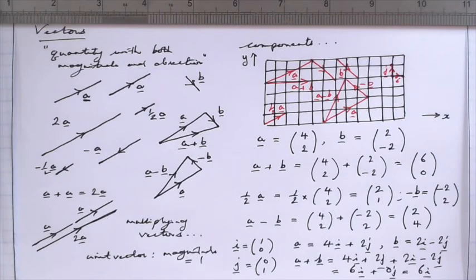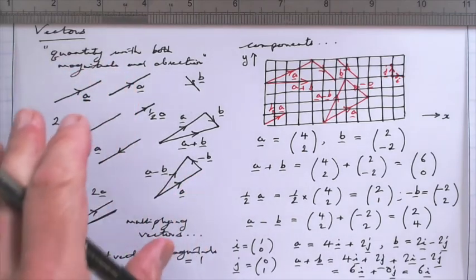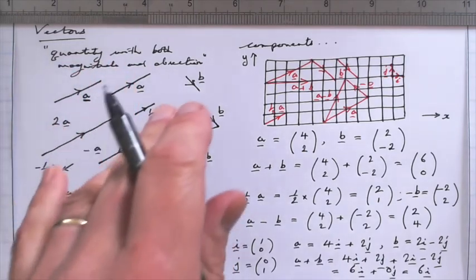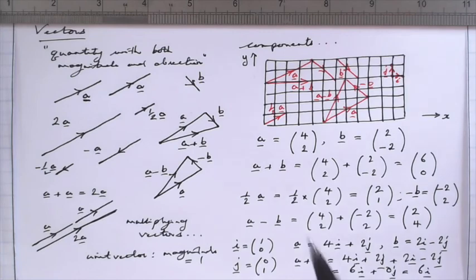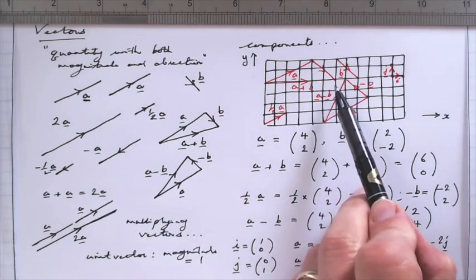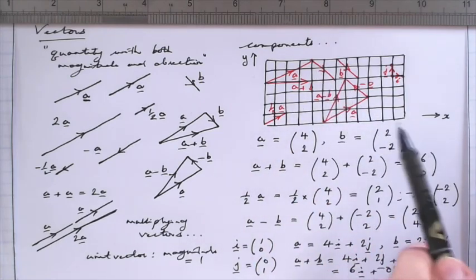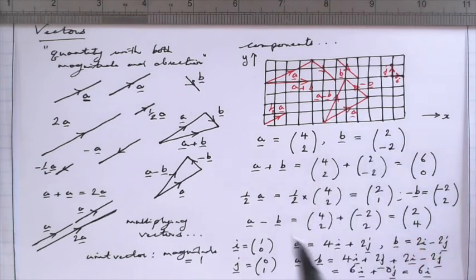So I hope this has been a helpful sort of first look at vectors. We've sort of defined them, we've talked about multiplying vectors by numbers, we've talked about adding and subtracting vectors, we've talked about representing vectors using components, and how it's very easy to see how the adding and subtracting and multiplying by numbers works with the components.